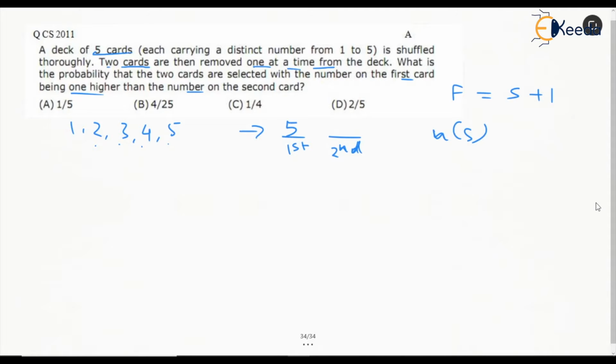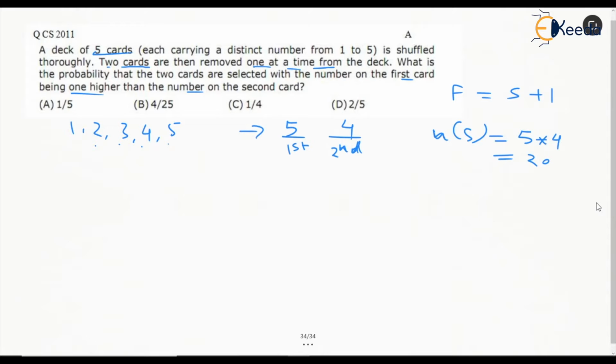Once one card is removed, we will be left with only 4 cards, and then one of the cards can be removed in 4 ways. So n(S) is going to be 5 into 4, which is 20. So there are 20 ways in which we can take out these cards.